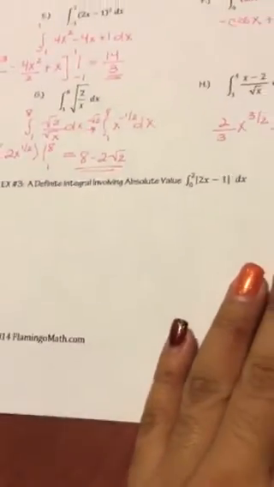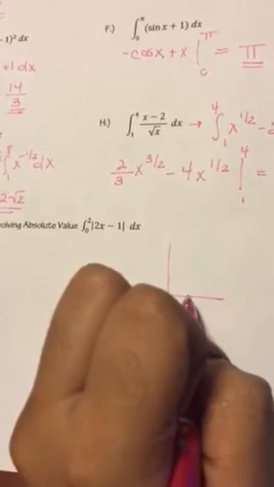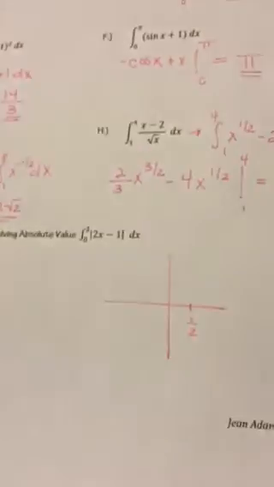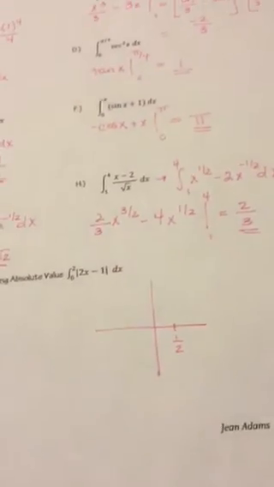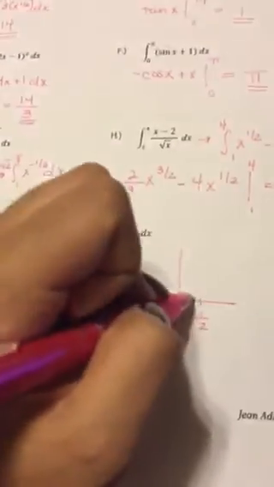And the last example. Now we're talking about absolute value. If we were to draw this out, we know that the sharp corner occurs at x equal to half, and we get that by setting the inside equal to 0. They want us to integrate from 0 to 2.